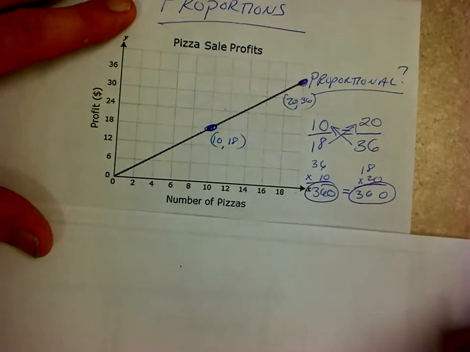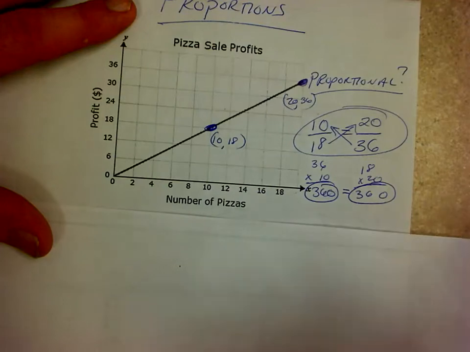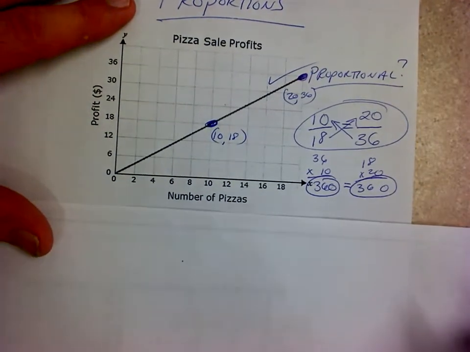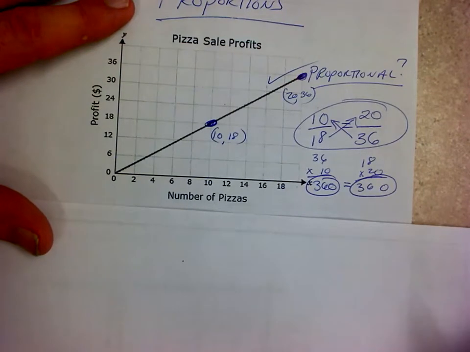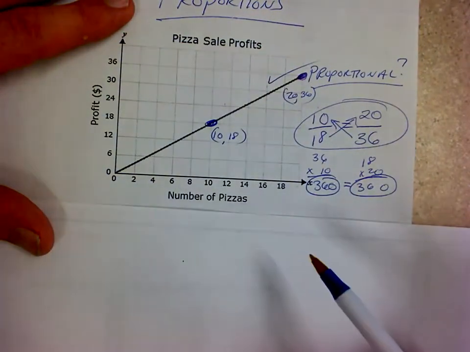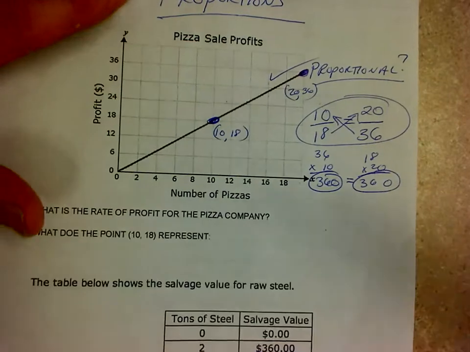So our products are equal. So we have a good proportion. So our line is a proportional graph. That's the whole key today, building proportions when we have a line graph or a chart. We just have to find our values.